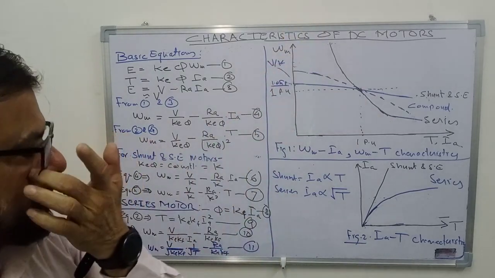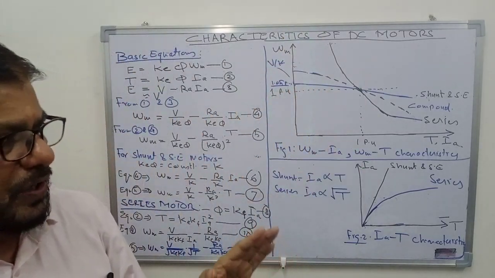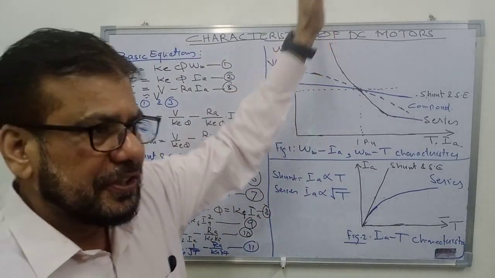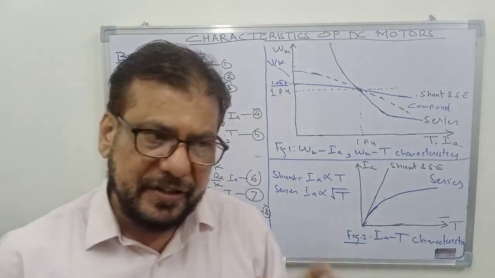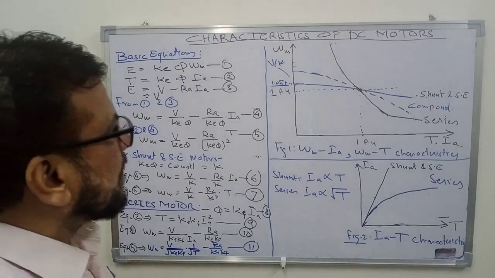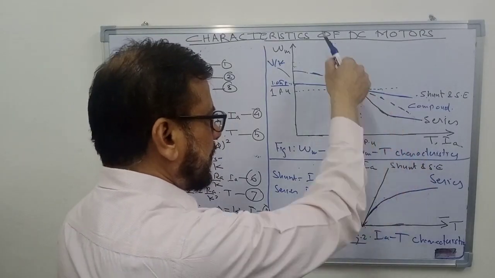Usually it is used only in those situations where the load is expected to fall to only that value such that its speed is double the rated speed, because operating the motor above that speed will be dangerous for the motor.